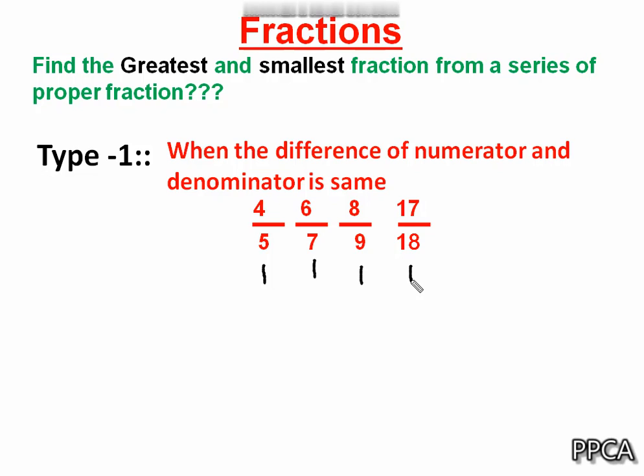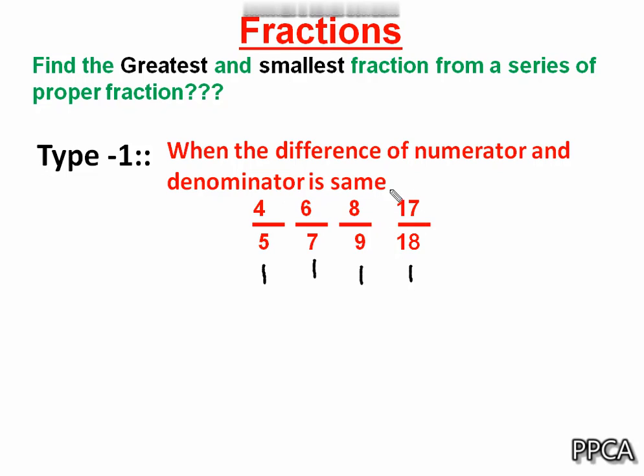So we simply say that one fraction is greatest. Why? Because when the difference of numerator and denominator is the same, the fraction with the highest numerator is the greatest fraction.